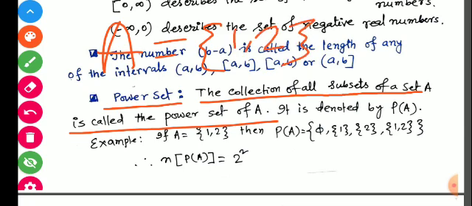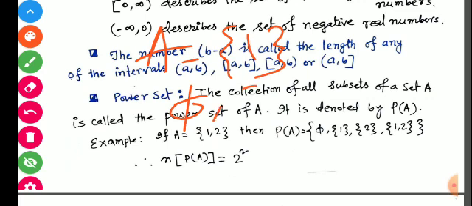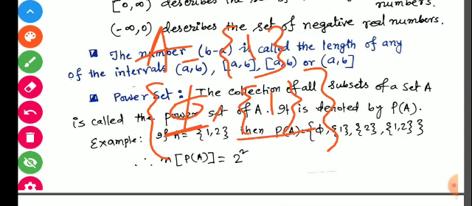How many subsets are possible here? First look at A equal to {1}. We have two subsets here. One is phi, because we know phi is a subset of every set, and the other is the whole set {1}. These are taken in a set which is called the power set.